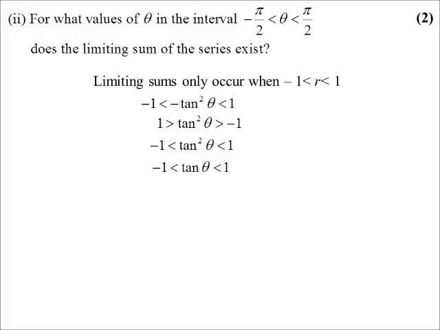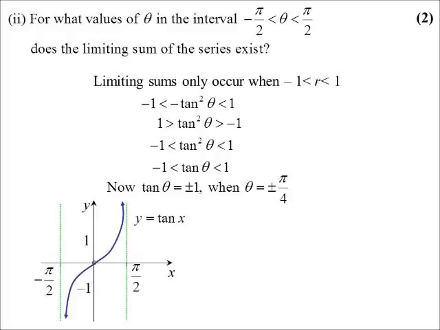Which means tan squared is in between minus 1 and 1. But hang on, got to look proper. That second line, nah, good. But if tan squared is in between minus 1 and 1, then tan is in between minus 1 and 1, so plus or minus pi on 4. Right? Tan is 1 at 45 degrees or pi on 4.